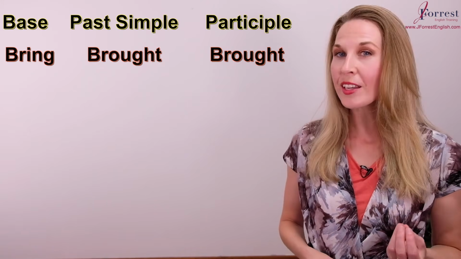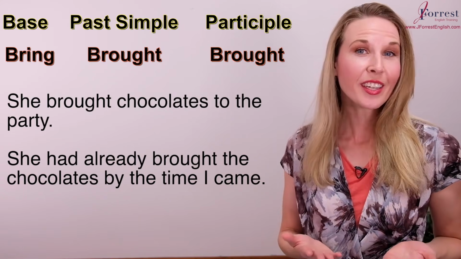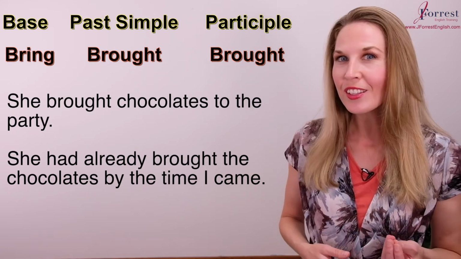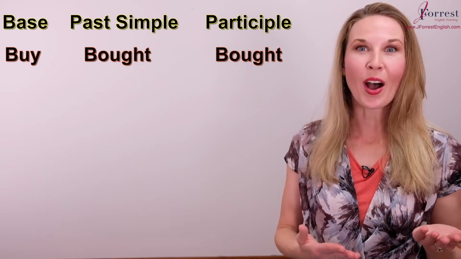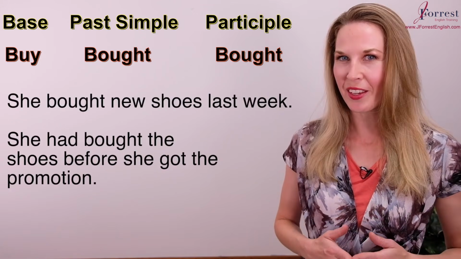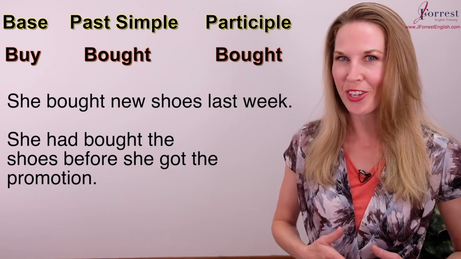Bring, brought, brought. She brought chocolates to the party. She had already brought the chocolates by the time I came. Buy, bought, bought. She bought new shoes last week. She had bought the shoes before she got the promotion.